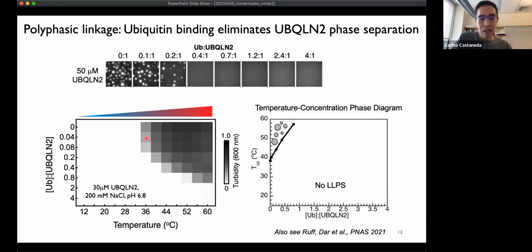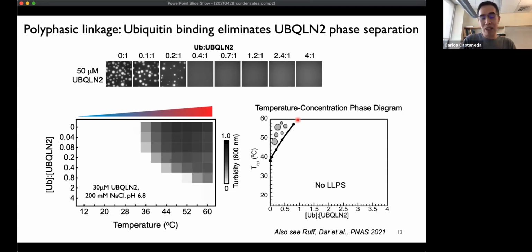You can quantify this boundary, and we use this temperature-concentration phase diagram as a way to quantify this behavior. As we increase the amount of ubiquitin, that phase boundary increases to higher and higher temperatures. This is a wonderful example of how a ligand can modulate the phase behavior of a protein. And we think in the case of part of this protein that we're taking away some of the stickers.